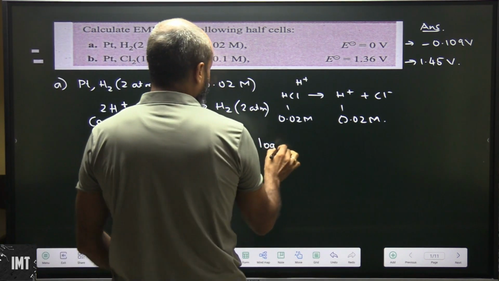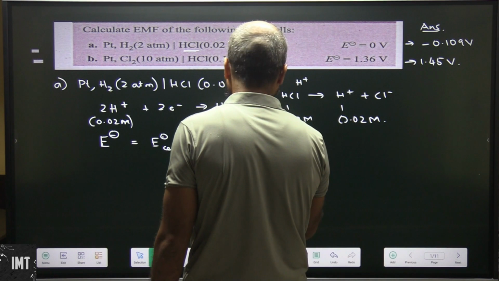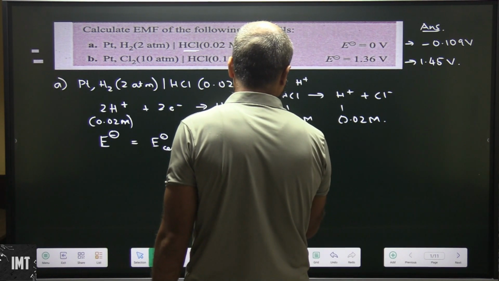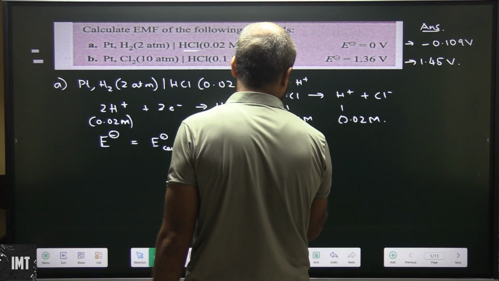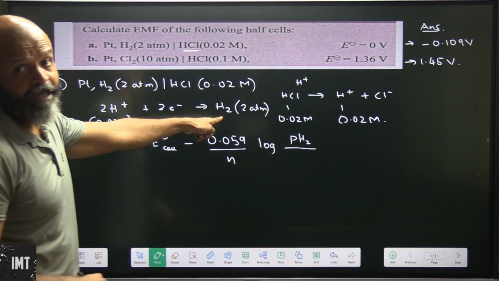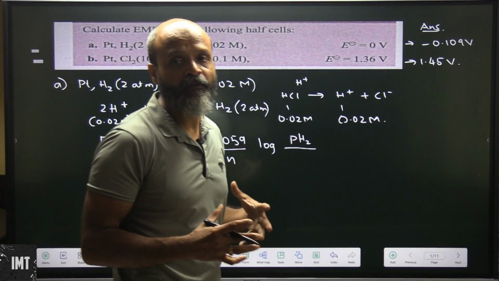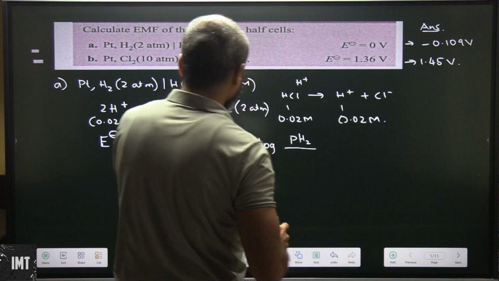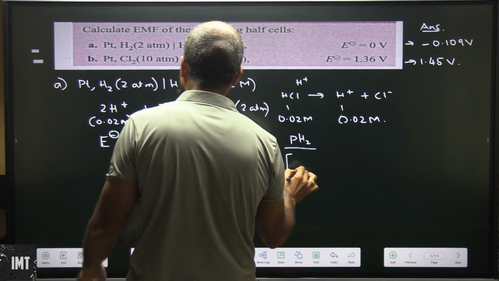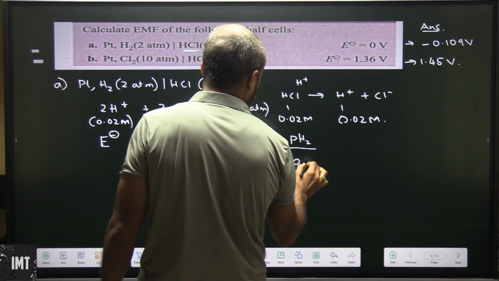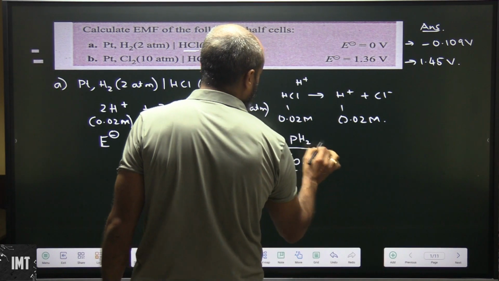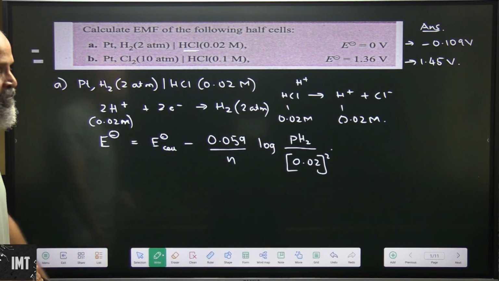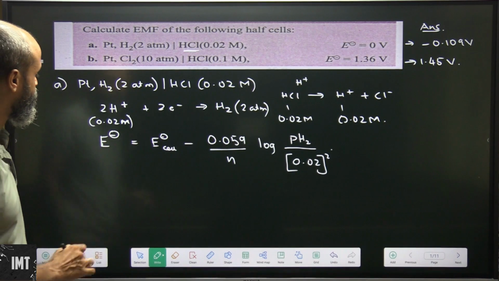So log of the partial pressure of H2, obviously it is a gas, so we have no molarity here, divided by the molar concentration 0.02 raised to 2. So the Nernst equation will be like this.